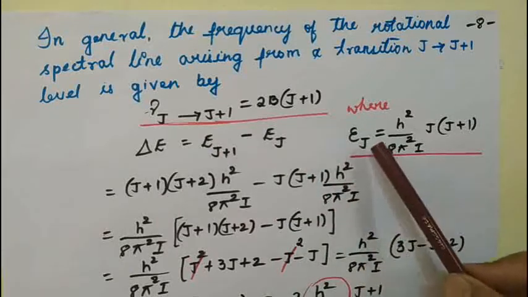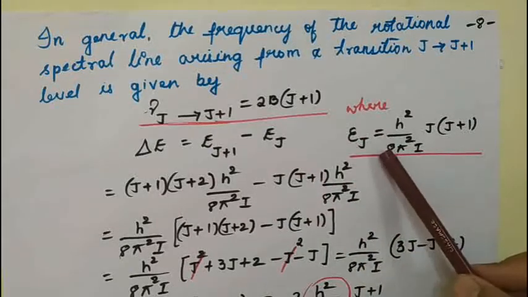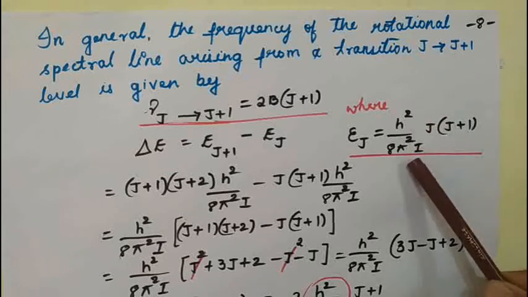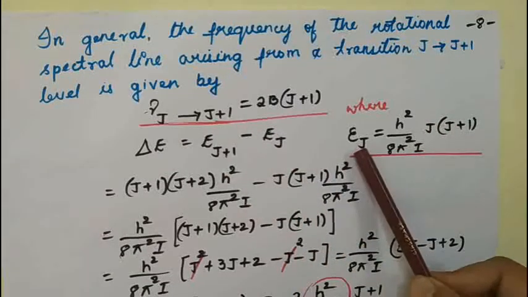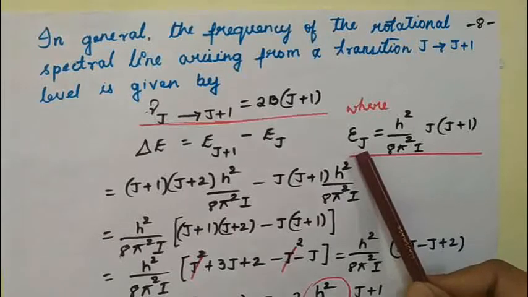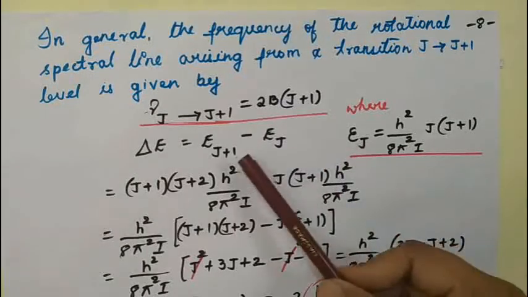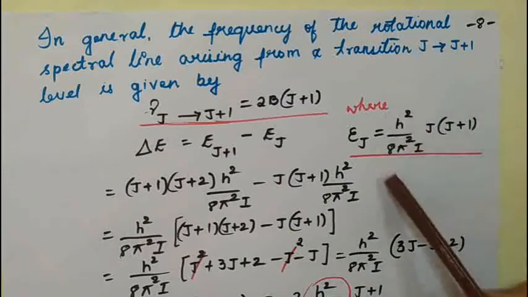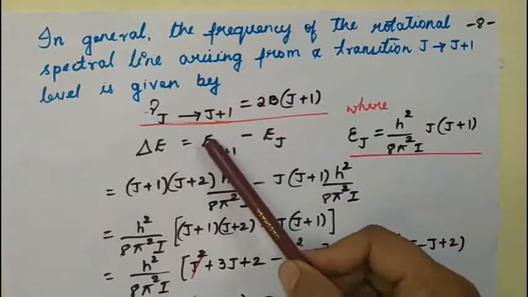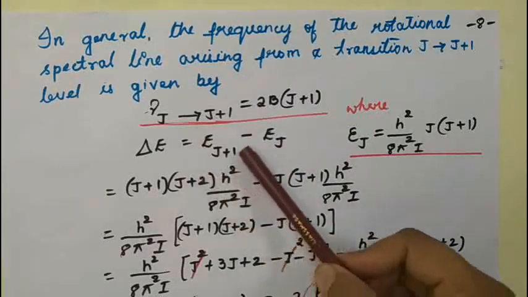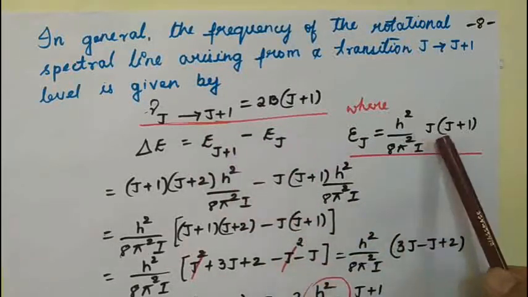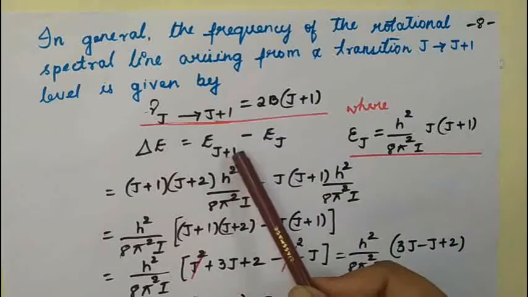This is the general expression we have written. Now, we know that epsilon subscript J is equal to h squared over 8 pi squared I into J into J plus 1. Now substitute the value of energy here. For the higher energy level, in place of J you have to write J plus 1.